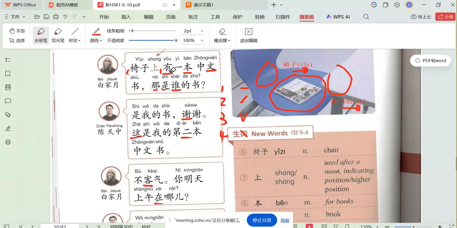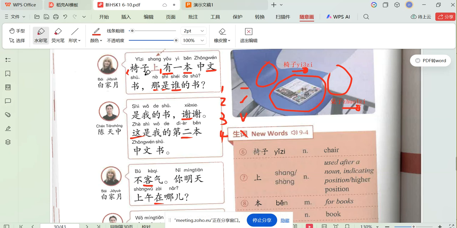If you translate it into English, it should be there is a Chinese book on the chair. On the chair is at the end of the sentence, right? But if you speak Chinese, you should say on the chair, 椅子上, before the verb. So remember, we should say 椅子上有一本中文书.